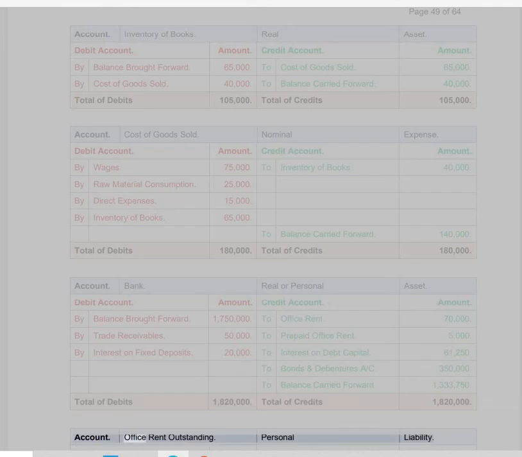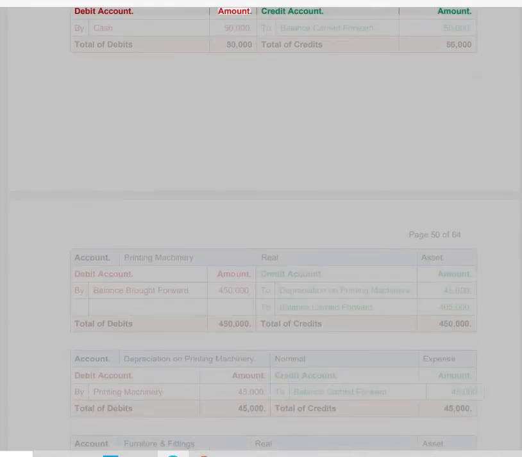Account: Office rent outstanding. Personal liability. Debit account, amount, credit account, amount. By cash, 50,000. To balance carried forward, 50,000, total of debits 50,000, total of credits 50,000. Page 50 of 64. Account: Printing machinery.